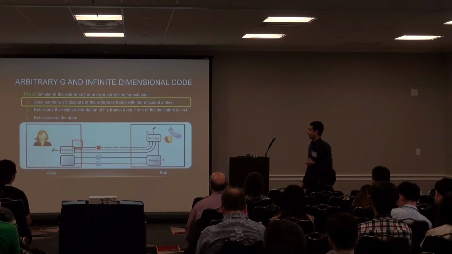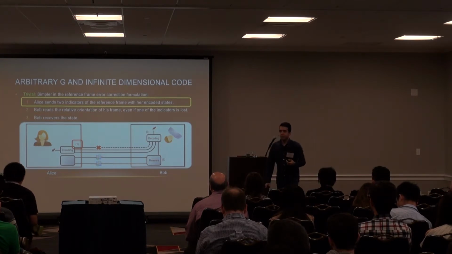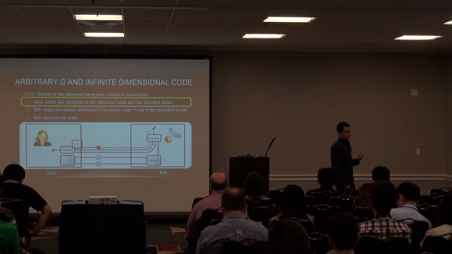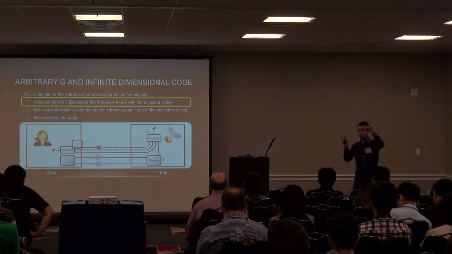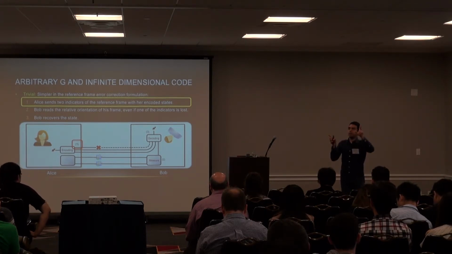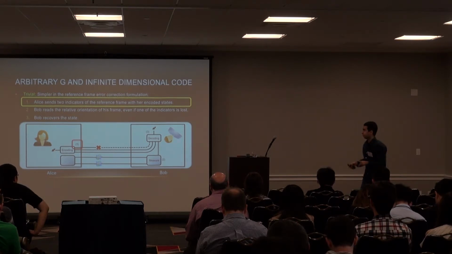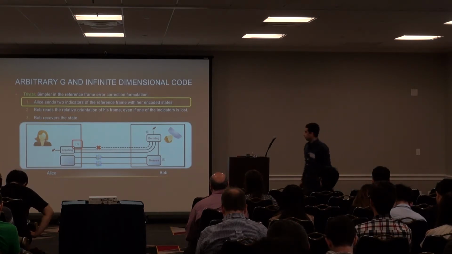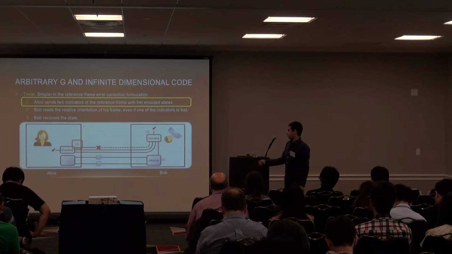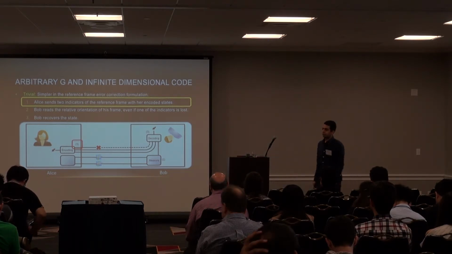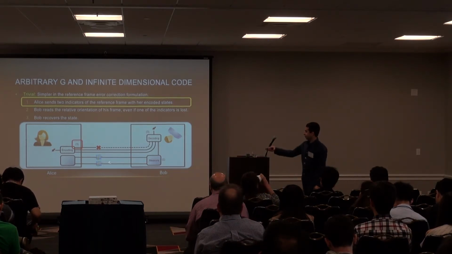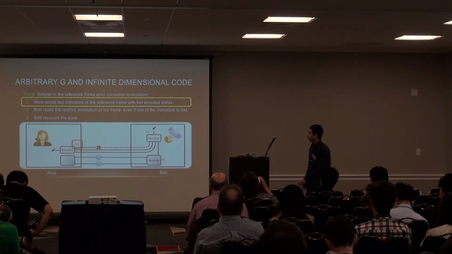So you can imagine that Alice is sending two big systems of classical gyroscopes which totally determine the reference frame of Alice. And I have to send two because of this condition that I may lose one of the modes. It might be the reference frame that I lose.